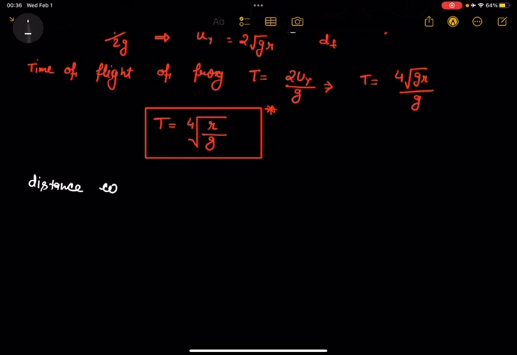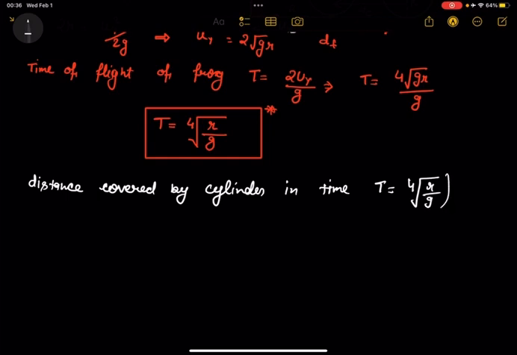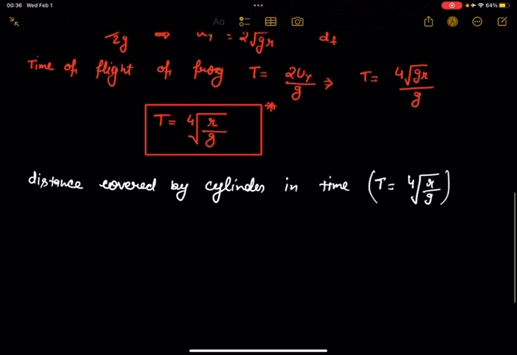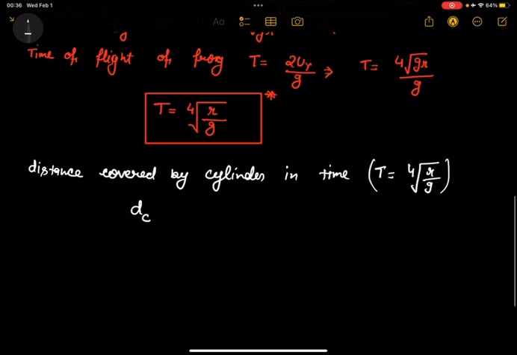So if you want to go with the distance covered by the cylinder in time capital T, which is equal to 4 square root of r by g, we can say that dc is equal to v into t.